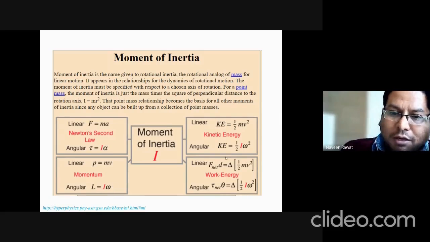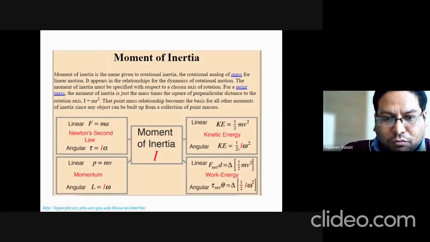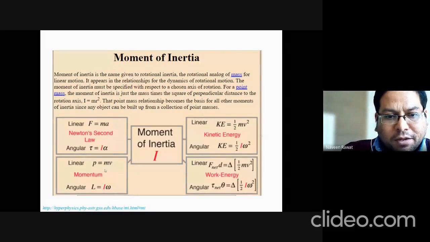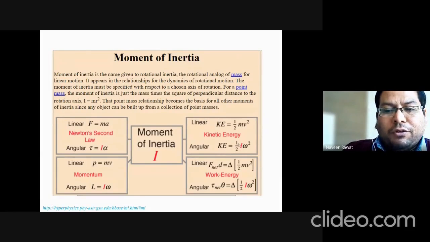Similarly, you have relationships for kinetic energy as well, which will be 1/2 I omega square. Continuing along these lines, you should realize that to calculate angular momentum and this kinetic energy, what we need now is to figure out what is the I for different objects.